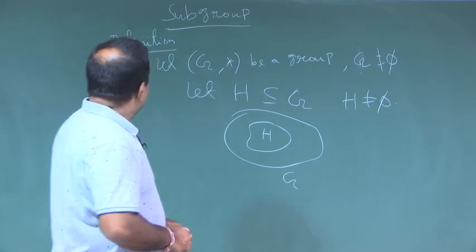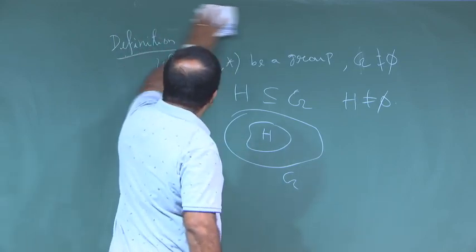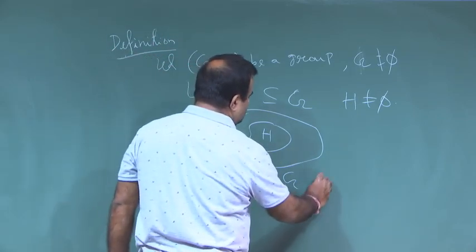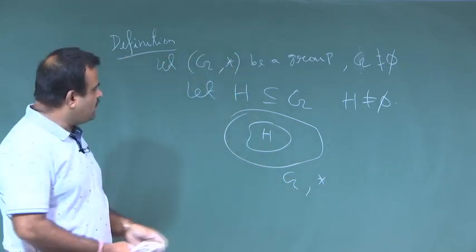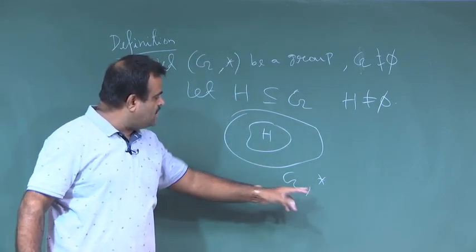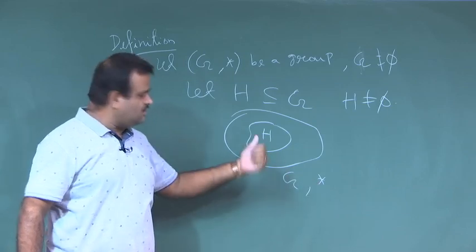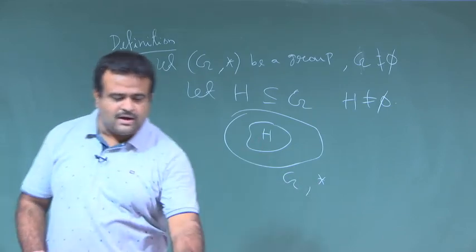Okay. So, now G is having this operator star. Now we define the induced operator of this star on H. So, how to define?